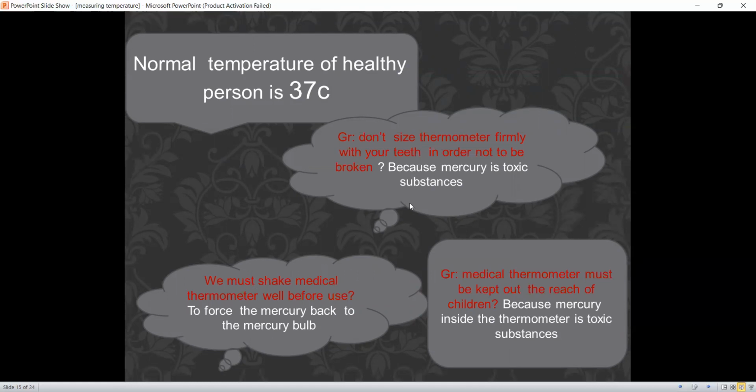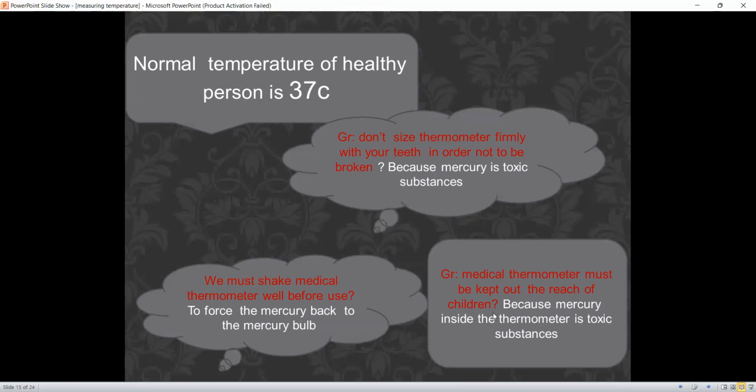And about children, the medical thermometer must be kept out of the reach of children. Why? Mercury is a toxic substance. Sometimes they will break it, or when we put it under the tongue, they will use their teeth to firmly press on the thermometer, which means it will break.